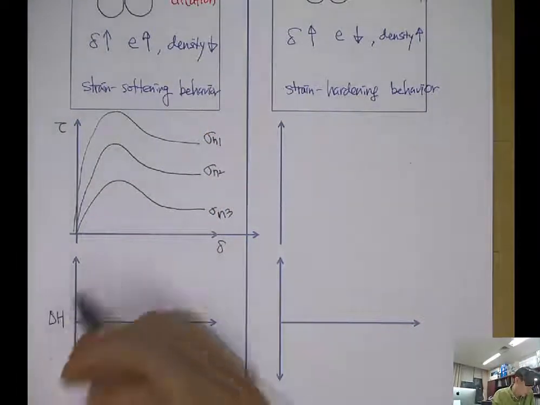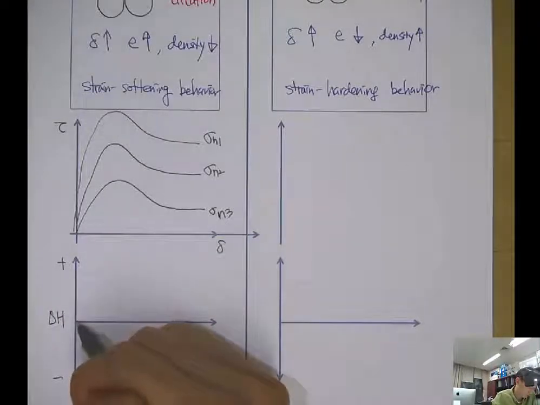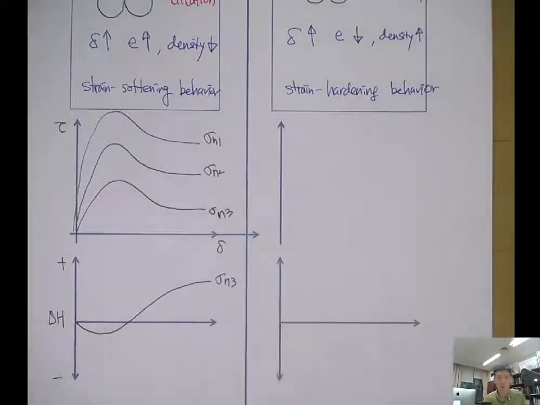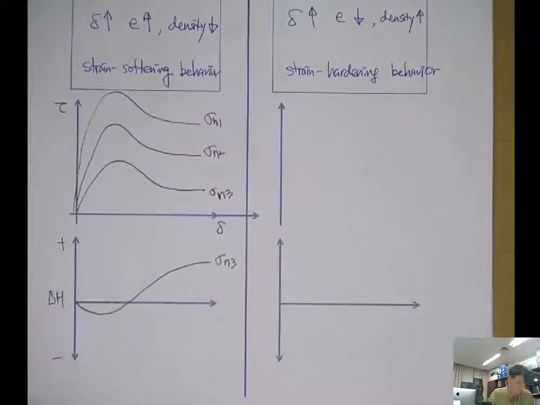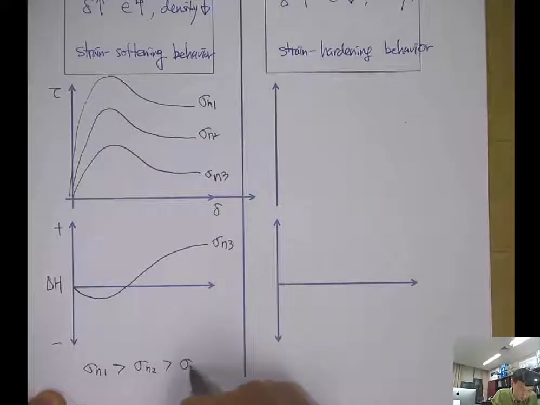And the volume change behavior will be like this. Here, sigma n1 is the biggest, sigma n2 is the next, and sigma n3 is the smallest.